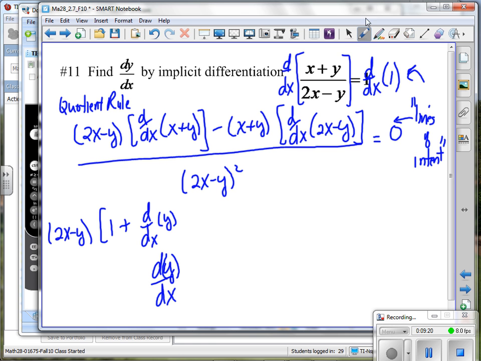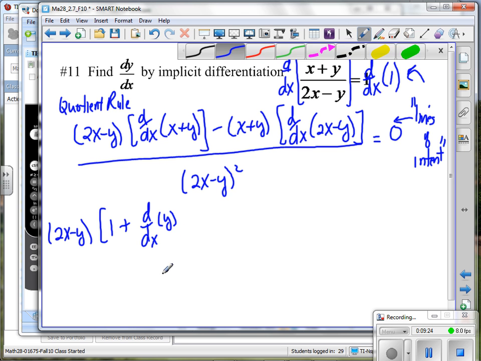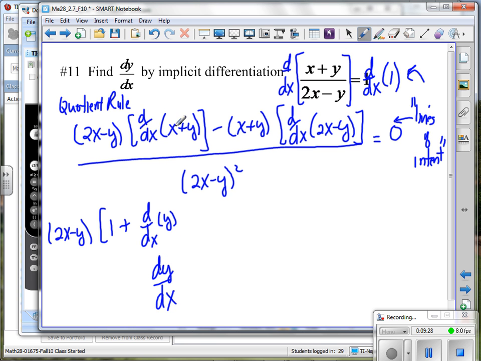But we often, because we do this so many times, we don't put those parentheses there. We just say it's dy dx. But I did the very same thing here as I'm doing up here. I'm putting it inside parentheses, and that's the quantity, that's my output of a function. The function is x plus y, its output is x plus y, and I take its derivative.